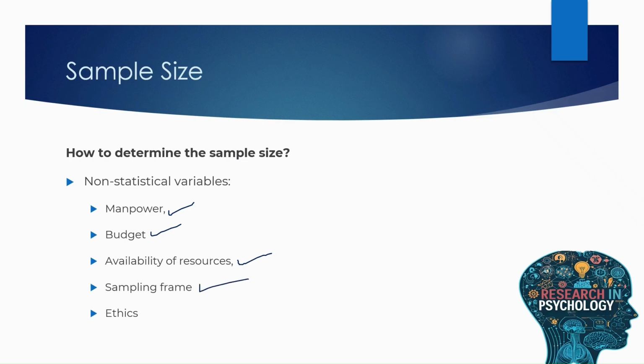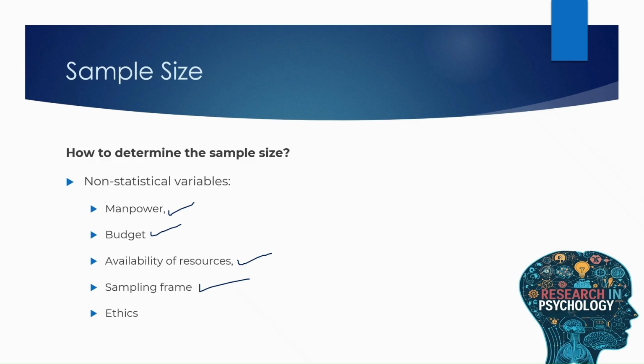And then the sampling frame. The sampling frame is the actual list of all accessible units within a population from which the sample is drawn. So in a huge population, what parts are accessible to you, from which you will be drawing the sample, makes up the sampling frame. This is crucial for ensuring that the selected sample accurately represents the target population, and this enhances the generalizability of research findings.